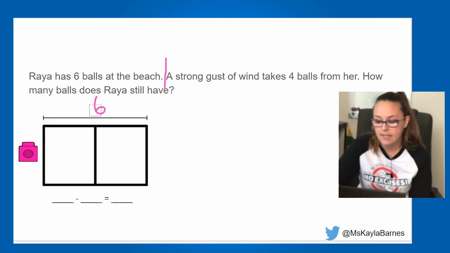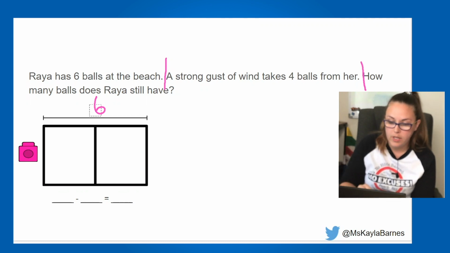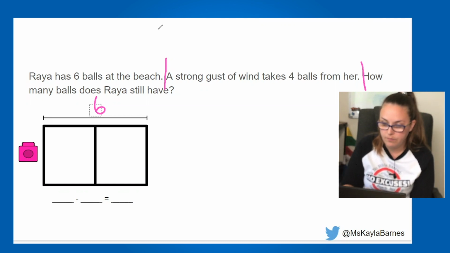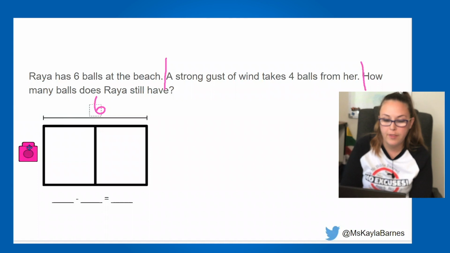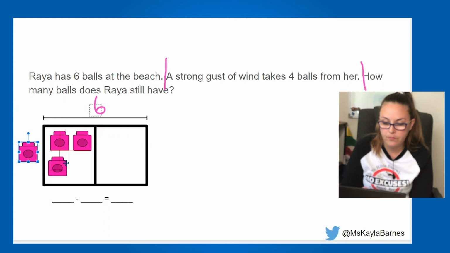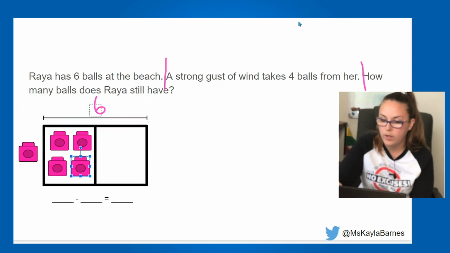The next sentence says, a strong gust of wind takes 4 balls from her. So over here, we are going to model that the wind took 4 balls. So 1, 2, 3, 4. And we have to calculate how many balls Rhea still has.